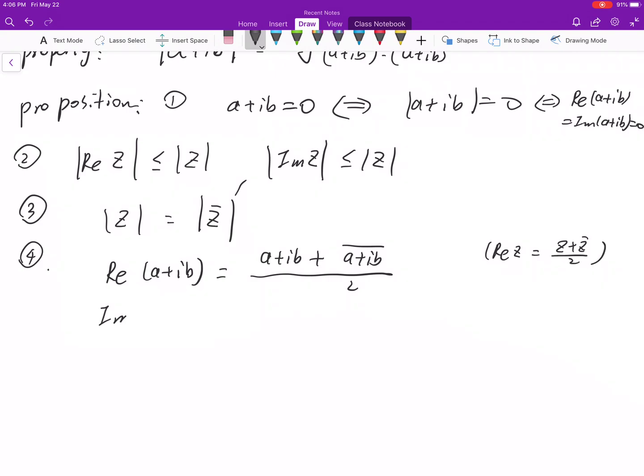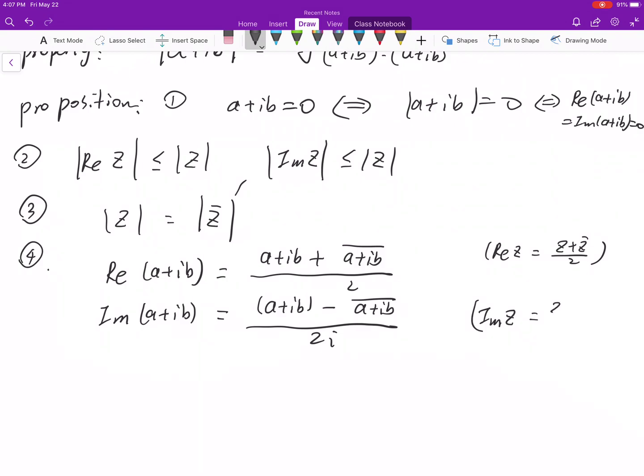Similarly, the imaginary part of a complex number is the number itself minus its conjugate, divided by 2i. Or you can write in this notation.